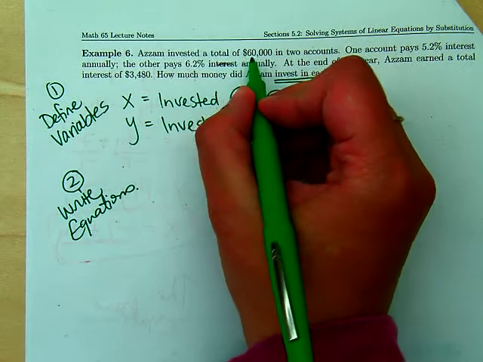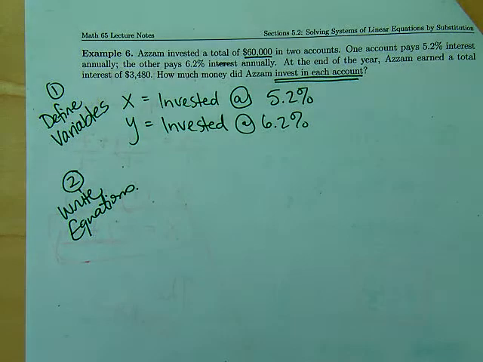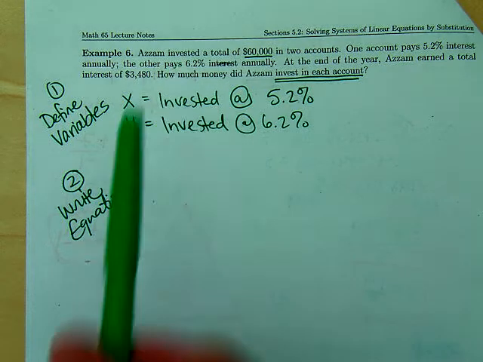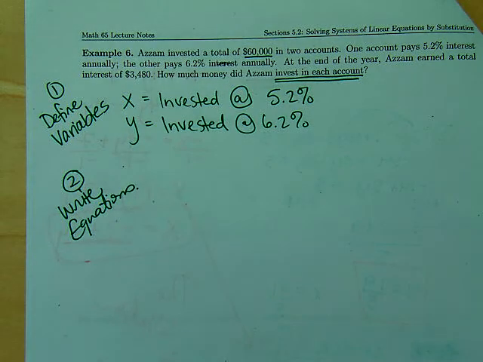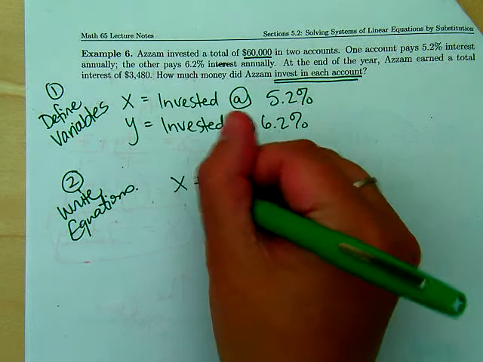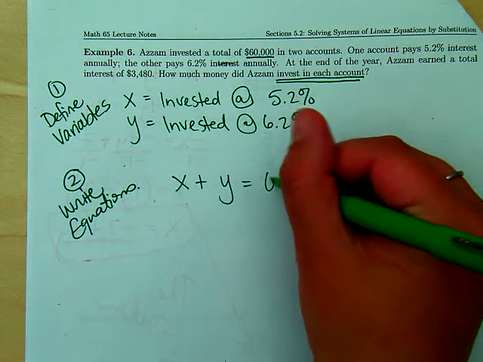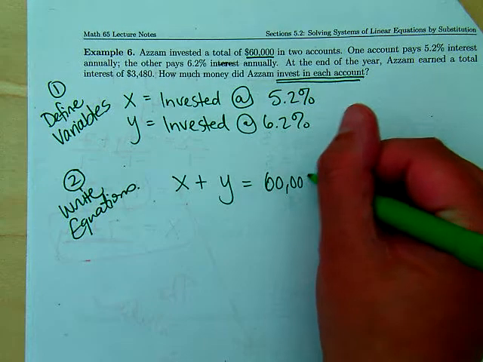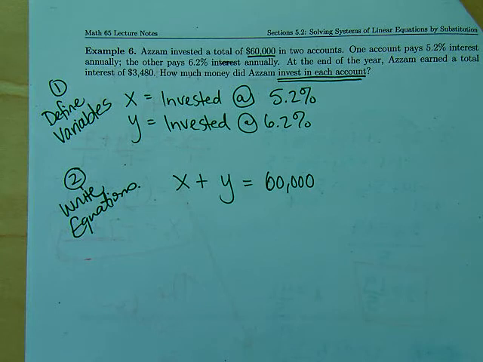He has $60,000 that he's investing, right? So if we have two amounts that we're investing, x plus y would equal how much money? Yeah, that's our first equation. x plus y equals 60,000.